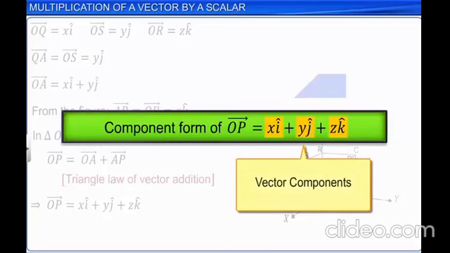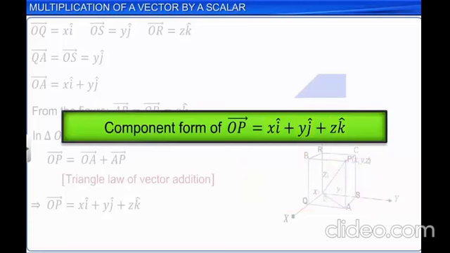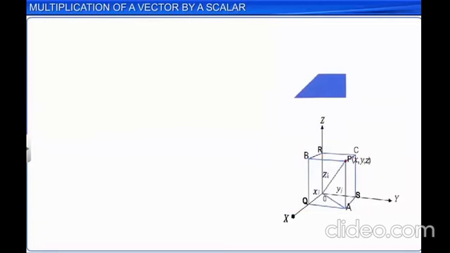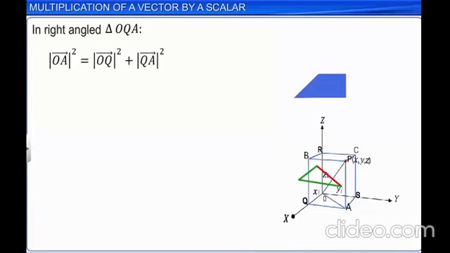Now, let us find the magnitude of vector OP. In right-angled triangle OQA, the square of the length of the hypotenuse OA is equal to the sum of the squares of the lengths of sides OQ and QA. That is, modulus OA square is equal to x square plus y square.